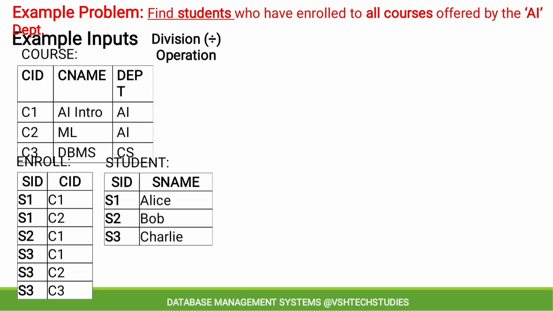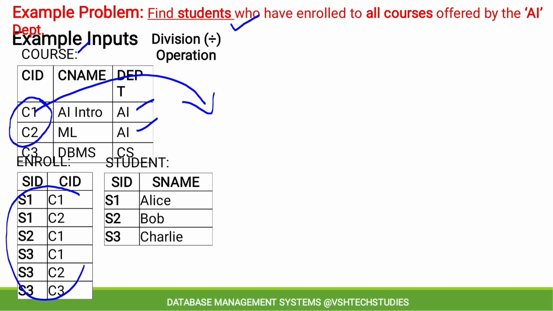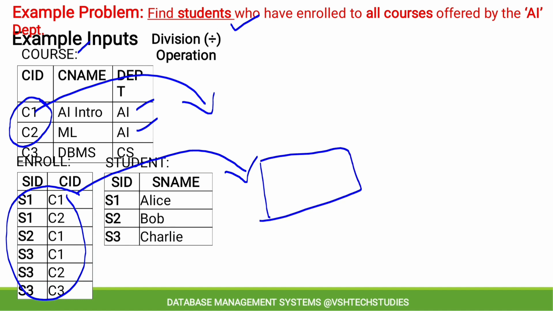So the steps we follow to solve these problems are: from the course table we select only the course IDs of the subjects or courses which are offered by the AI department. So only these we will take. Next, student ID and course ID pairs we will take from the enroll table. Whatever student ID and course ID pairs we get will be divided by these course ID values.